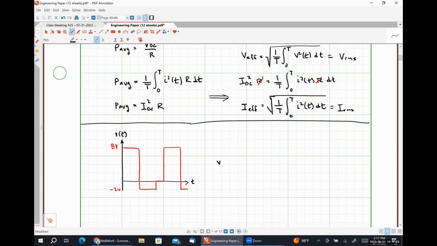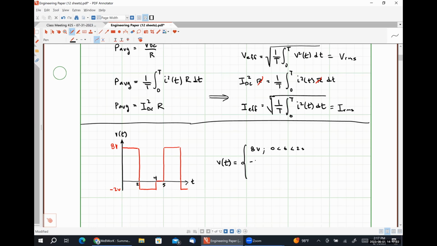How could we describe our voltage V of t? To me, this looks like a piecewise function, right? So it looks like it's 8 volts over the interval from 0 less than t less than, let's make this 2, this 4, and this 5, 2 seconds.